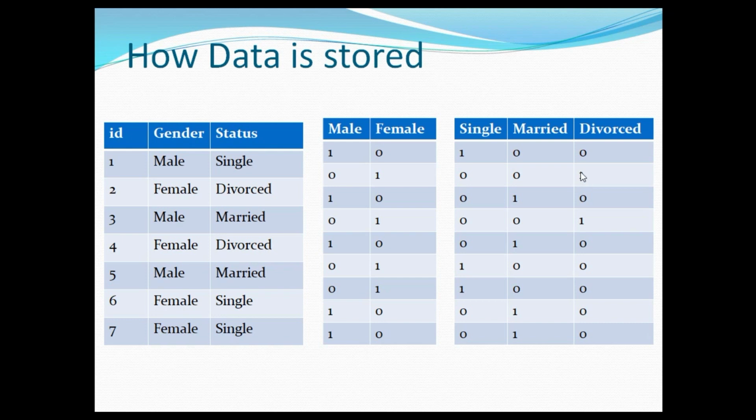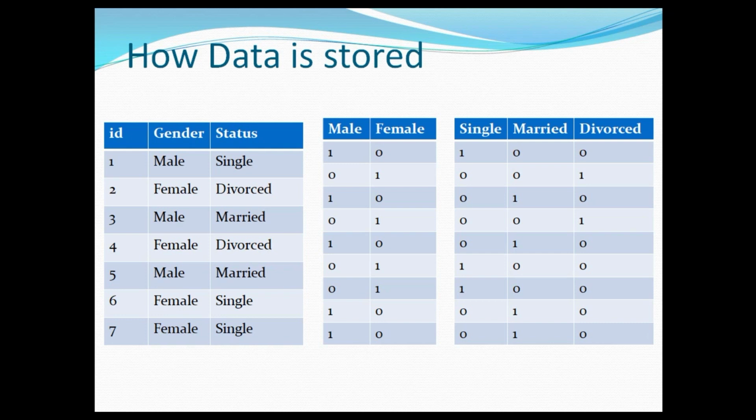So it will go to the divorce index and see where we have 1 in front of them. These 2 records, record 2 and 4, are both female and divorced. So it will display the row ID corresponding to these values and fetch the data corresponding to these rows. That's how the bitmap index actually works.